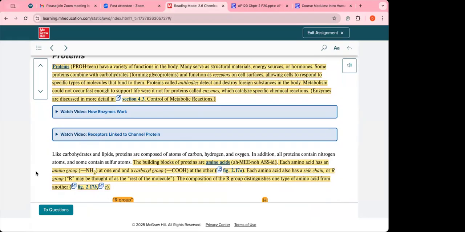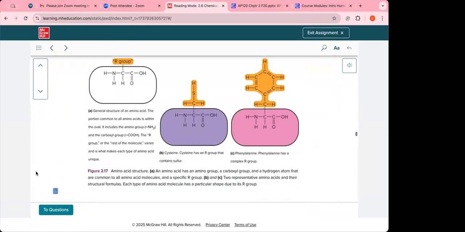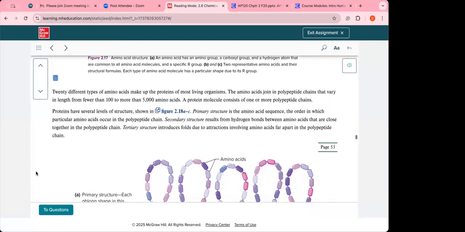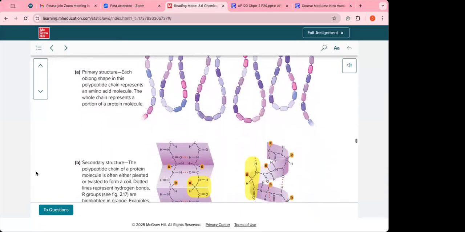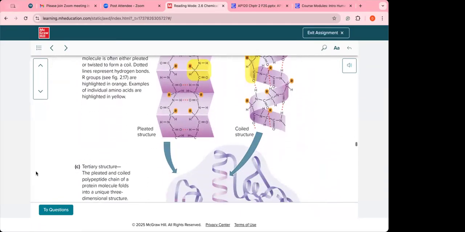Keep going because we haven't gotten to the denatured part yet.